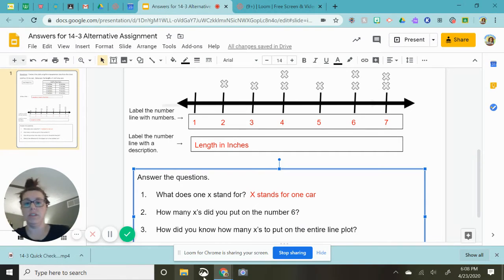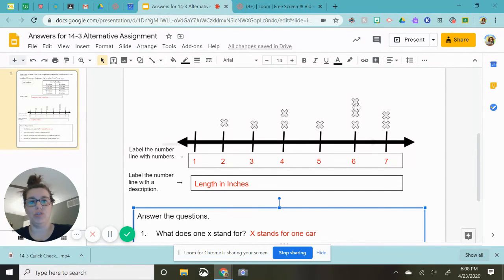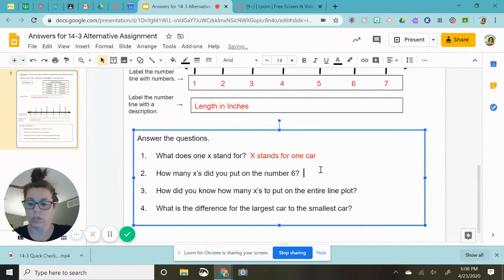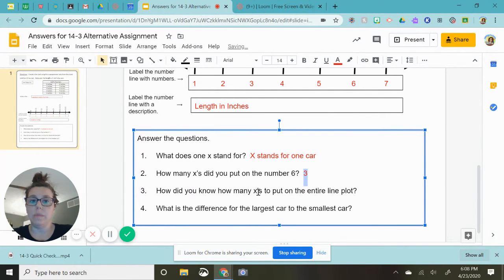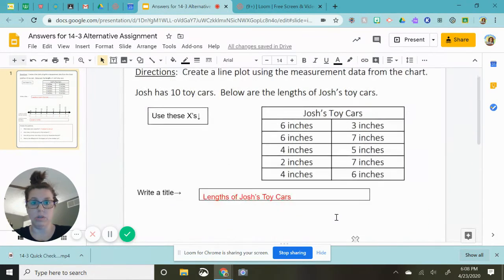How many X's did you put on number 6? That's easy. Just go and count them. Such an easy question. Here we go. How did you know how many X's to put on the entire line plot? Well, there's a few places you could have found this information.